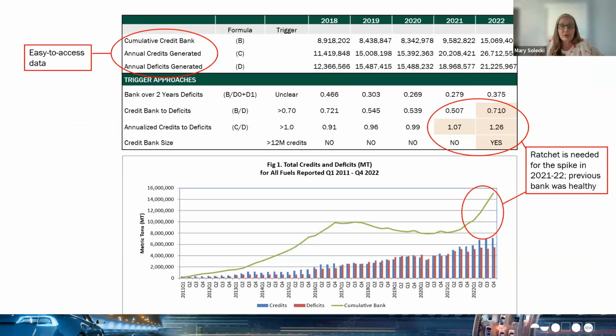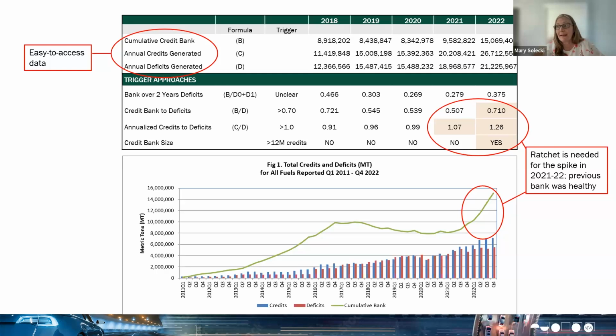But we didn't necessarily want a mechanism that would have triggered back in 2018 or through 2020, because the credit bank then, as was previously discussed, was relatively healthy to the rate of deficit generation. And as CARB and Colin discussed earlier, there is a valuable role for a healthy bank to exist.